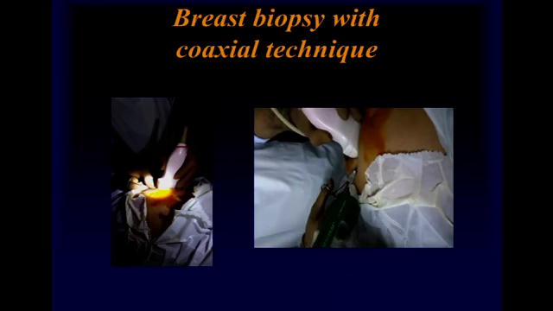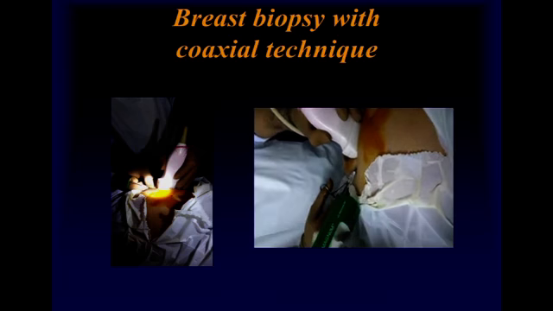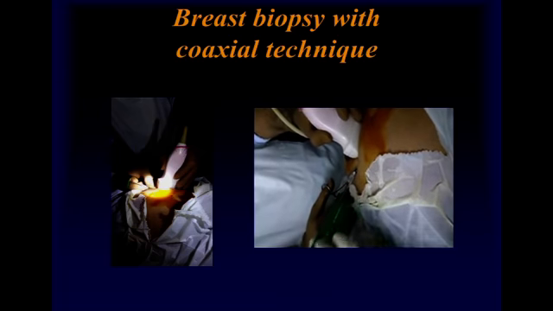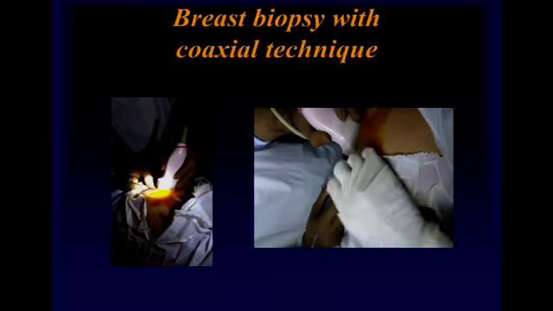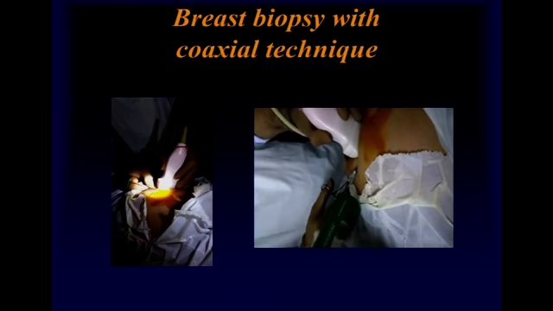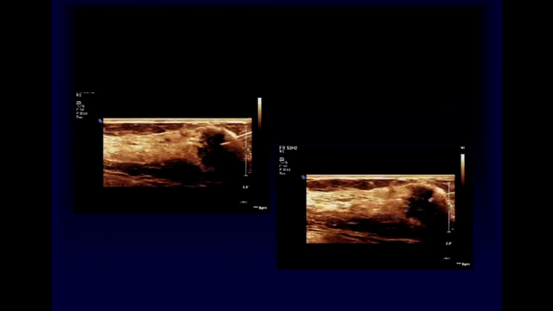Again, in a breast biopsy, it is better to use a coaxial system because we can take multiple cores. So here we are again introducing a 16 gauge needle in a breast lesion, and through the 16 gauge needle we are introducing an 18 gauge trucut needle for a core biopsy. So that's the 16 gauge needle.